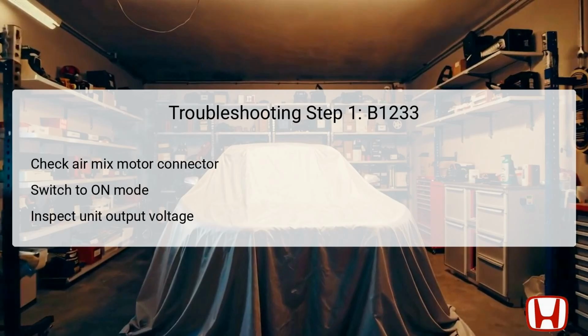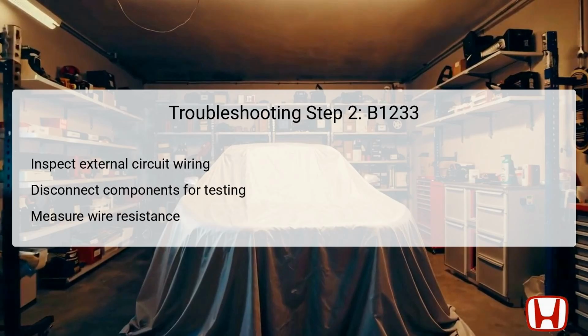This voltage level is critical as it indicates whether the air mix control motor is functioning correctly or if an underlying issue exists. If the readings align with the expected voltage, it suggests the air mix control motor may have a fault itself. However, any significant deviation could point to another related component malfunctioning within this circuit.